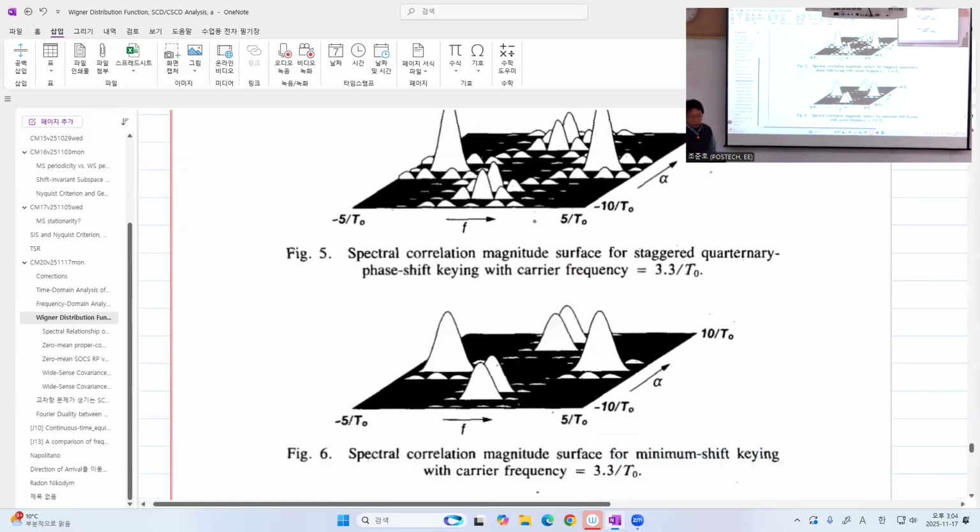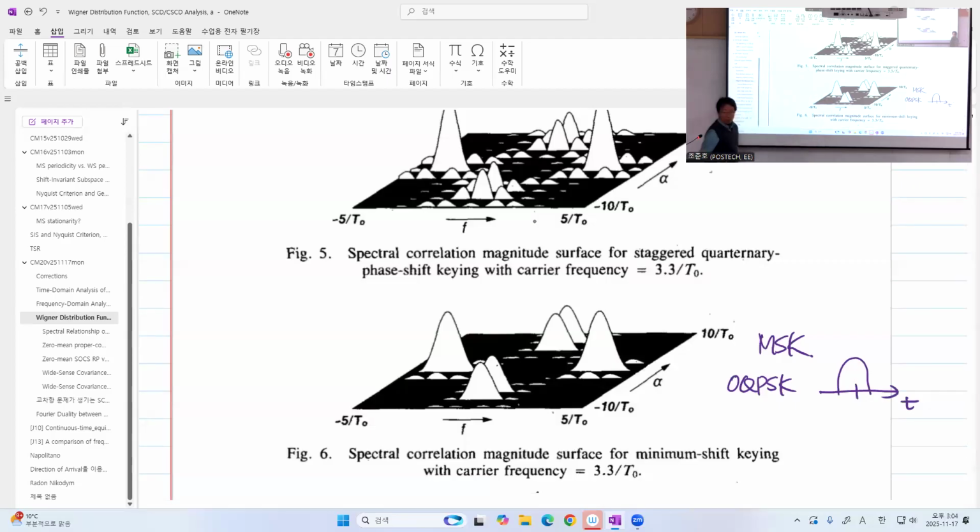What about that one? This is the MSK case. MSK can be viewed as offset QPSK with pulse shaping. Now, the pulse shape is a sine pulse or half sine pulse. And you see the similarity between these two?